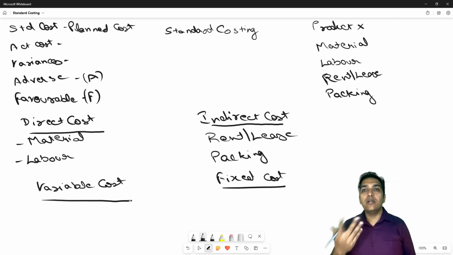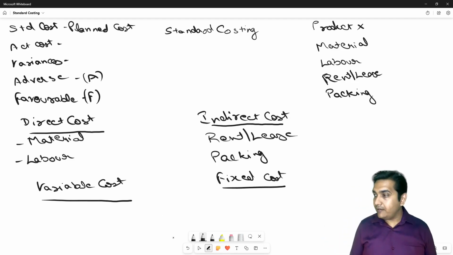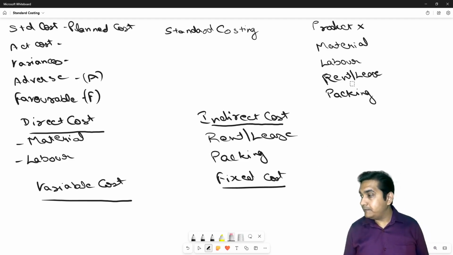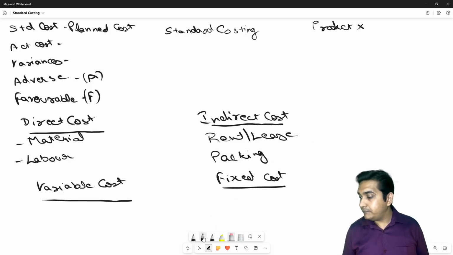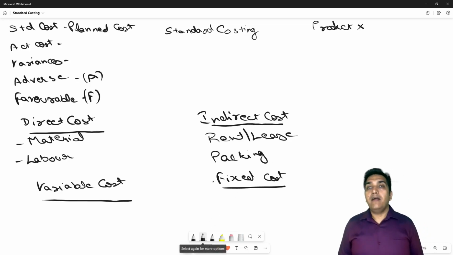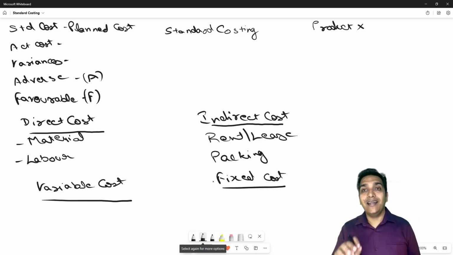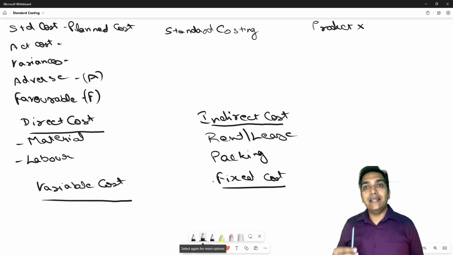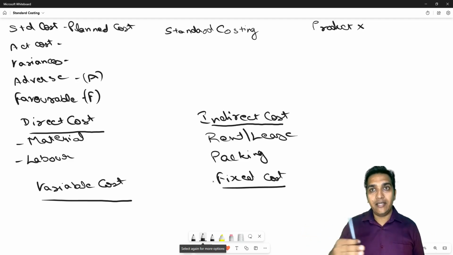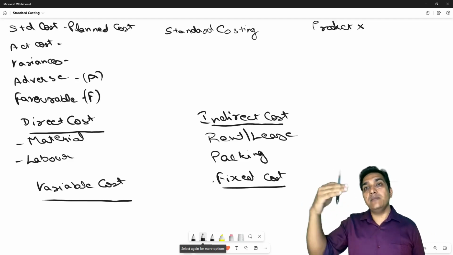First, let us understand what is variable. What is variable cost? Variable costs are costs which are of the nature that will vary, or that will change with the change in my production level.